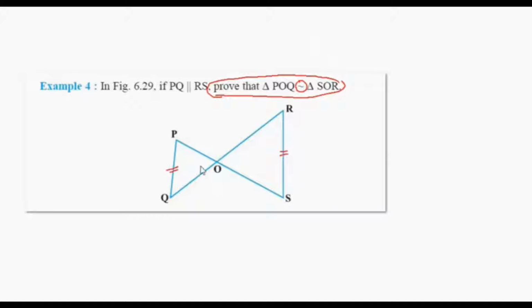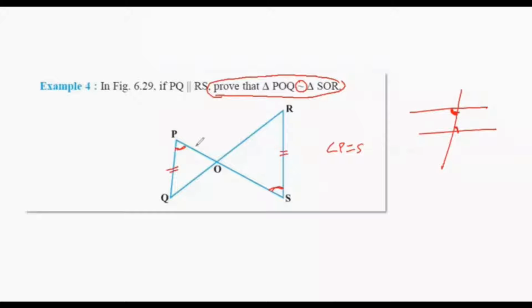Look here. Given that PQ is parallel to RS, then you know the idea of transversal. When a transversal cuts parallel lines, alternate angles will be equal, right? Angle P and angle S, right? Angle P is equal to angle S. These are alternate angles.